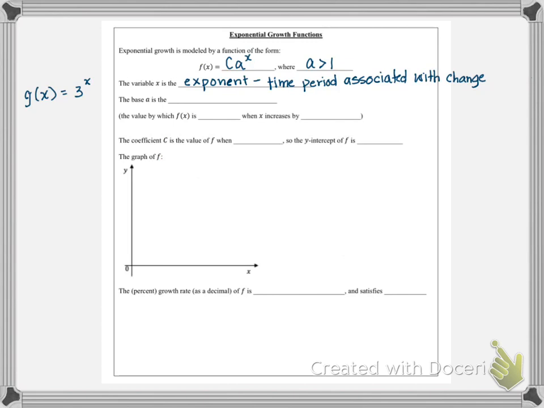They said 10% each month. If I put 3 in for x, I'm finding the change for 3 months, not for 3 weeks, right? So whatever that percentage or factor is has to be associated with the time period that you're using for x. The base a is the growth factor.